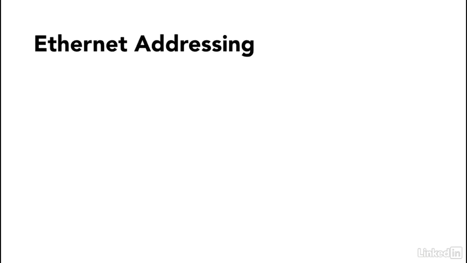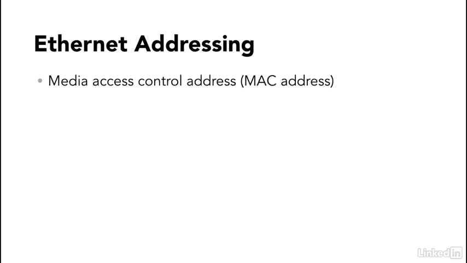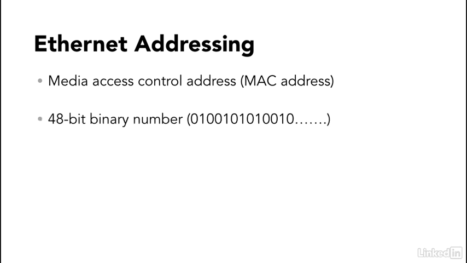In order for Ethernet to send data from one computer to another computer, it needs a way to uniquely identify each machine. That unique identification is called an address. And specifically with Ethernet, it's called a Media Access Control address, most commonly abbreviated as a MAC address. A MAC address is a 48-bit binary number.